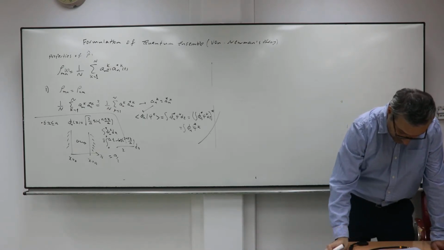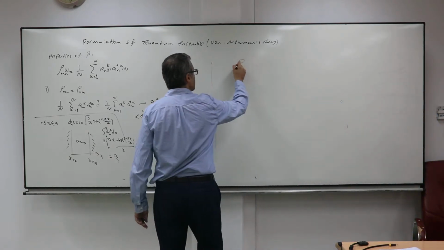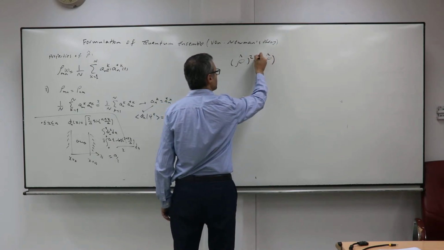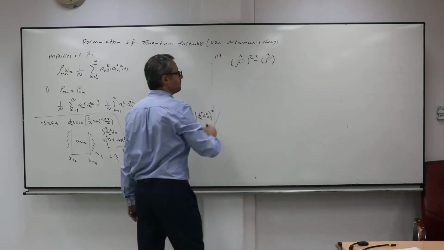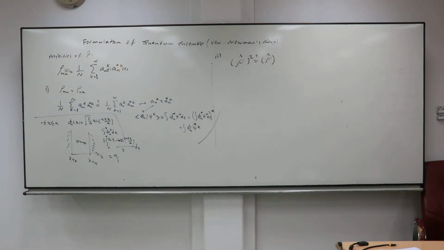The other condition is that rho squared is rho. This is very strange: rho squared is rho. If you multiply this matrix by itself, you get it back. I want to show how this is possible.